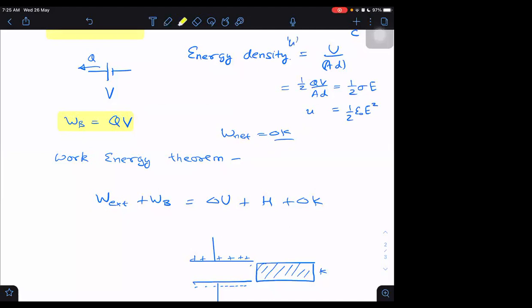Finally, it comes out to be half epsilon naught E square. Remember this formula also.